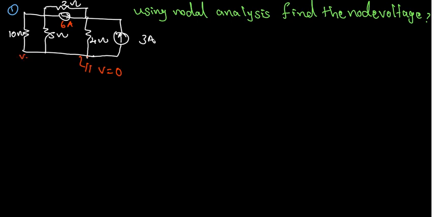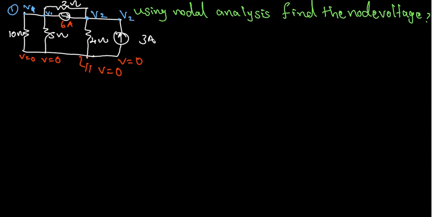After that you put the node voltages V1, V2, V3, however you like, VA, VB, VC, VX, VY, VZ. I put V1 here, and this is also V1 because there is no voltage drop here, and here is V2, and here also V2, since there is no voltage drop here.